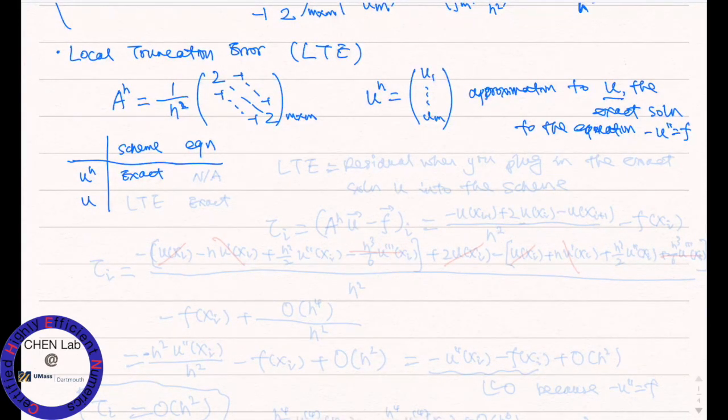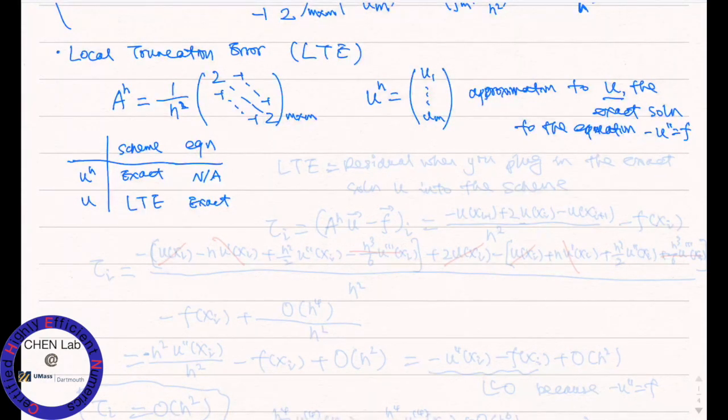That's exact. You plug in u into the equation, that's also exact. And if you plug in u into your scheme, here is a local truncation error. And we cannot really plug in u^h into the equation, because the equation operates on a differentiable function.